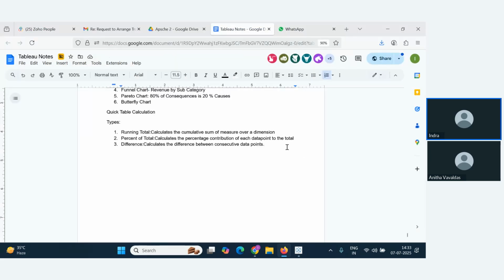Let's talk about percent difference. So basically, percent difference will show you a percentage change from one data point to the next one.